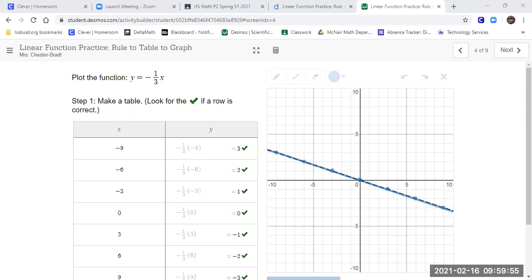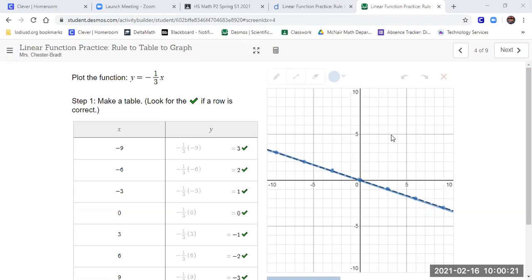Come on, guys. If we had put in 1 for the x, 1 times negative 1/3 is what? Because that's what this rule says: negative 1/3 times the x I pick.